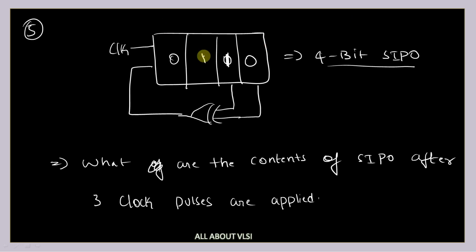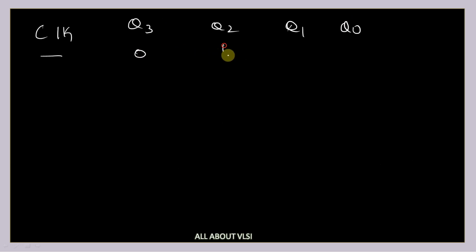Yes, so let us find it out. Initially, whenever you haven't applied any clock, the values of Q3, Q2, Q1 and Q0 are 0, 1, 1, 0.